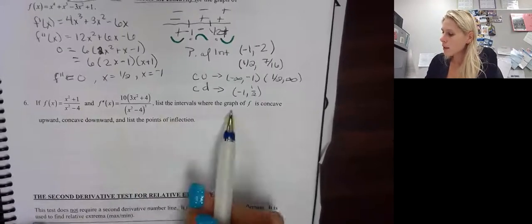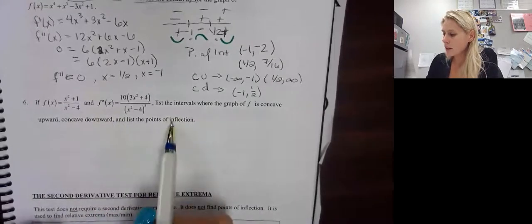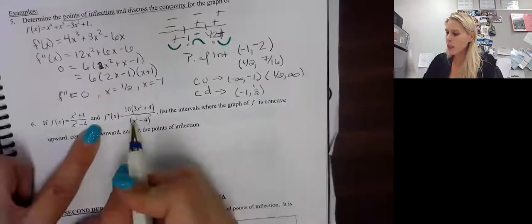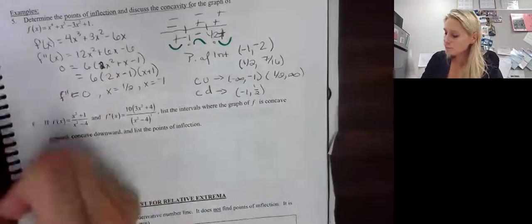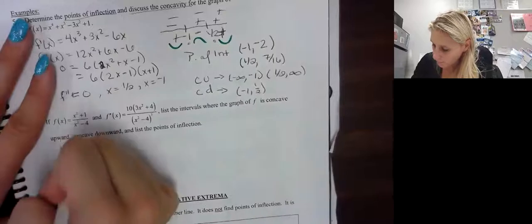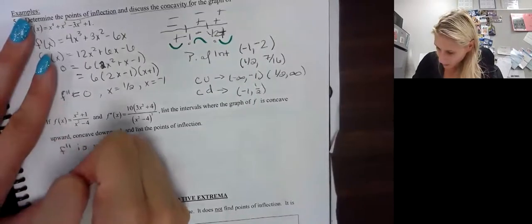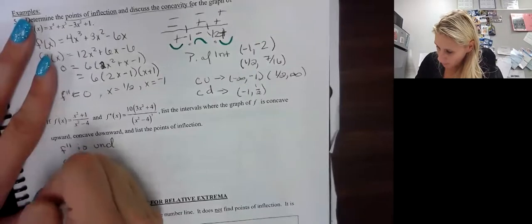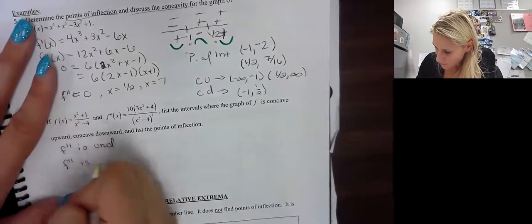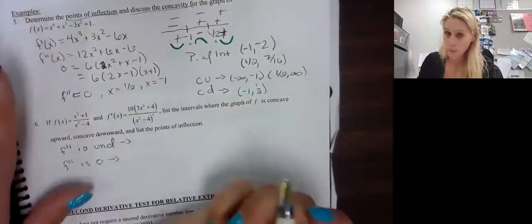So we're going to list the intervals where f is concave up, concave down, and list the points of inflection. So this is the second derivative. We have to find where f prime is undefined, where f prime is 0, and we also have to keep in mind our domain restrictions.